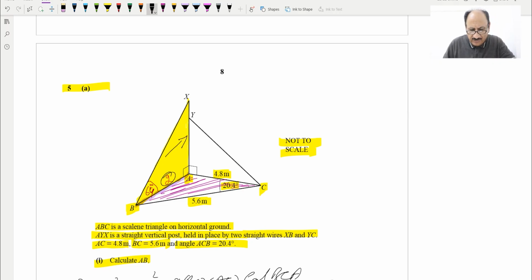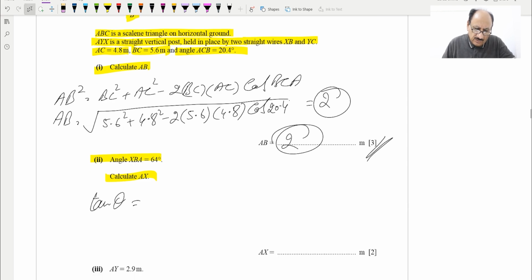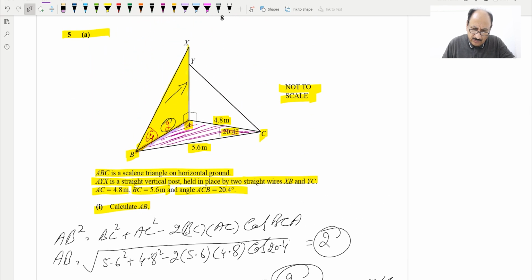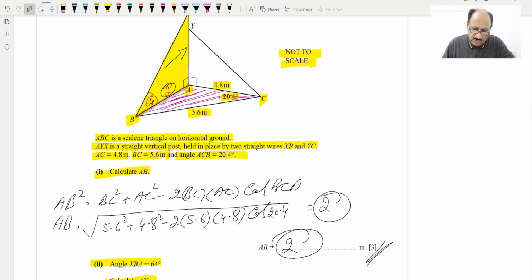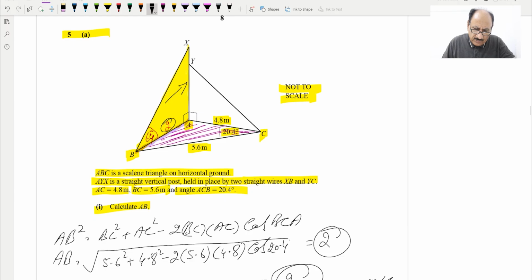So opposite over adjacent will be tan theta. So we will write tan theta is equal to AX over AB, which is AX over 2. Theta value is 64.